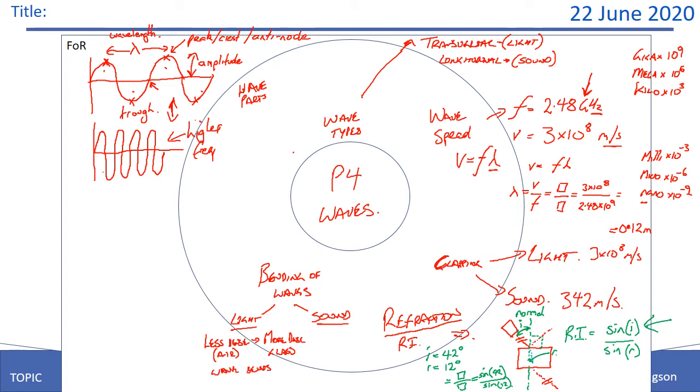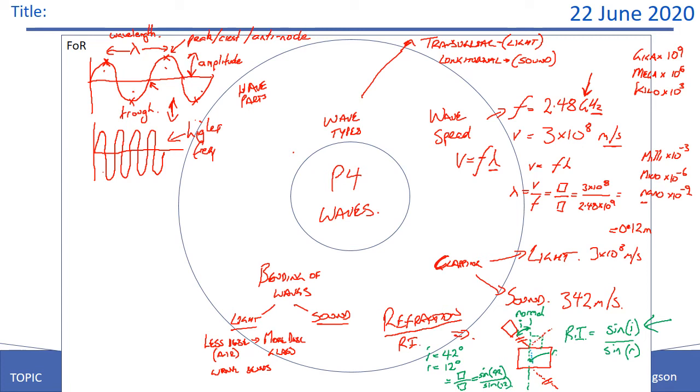Which way does it bend? Away from the normal or towards the normal? Have a look at the diagram we drew. So it comes into the block. This angle here is quite big and this angle is quite small, so it must have gone towards the normal.